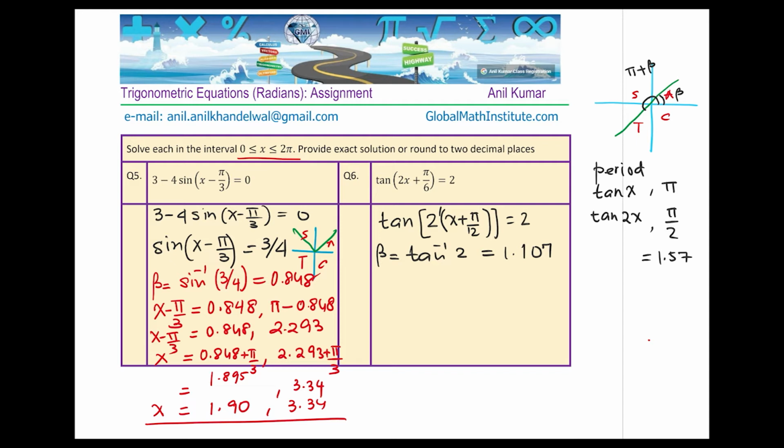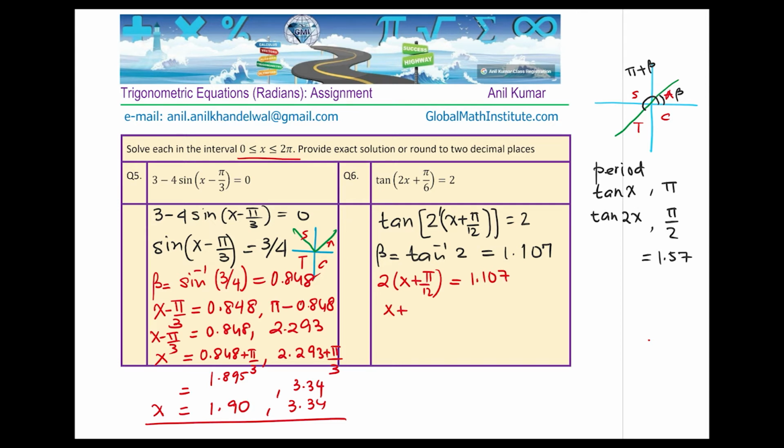Now what we can do here is first calculate this value and then add the period to get all other values. So I'm writing at this stage 2 times (x plus pi by 12) equals 1.107, right?